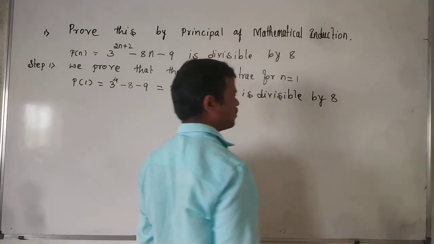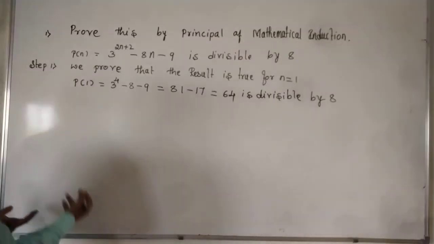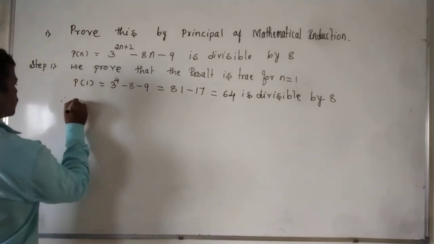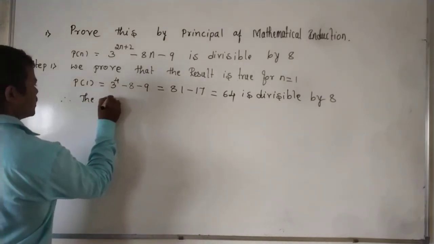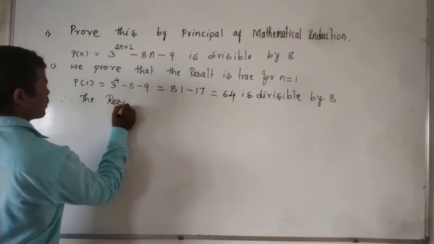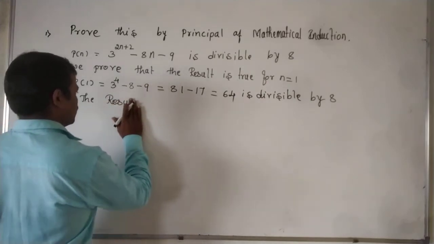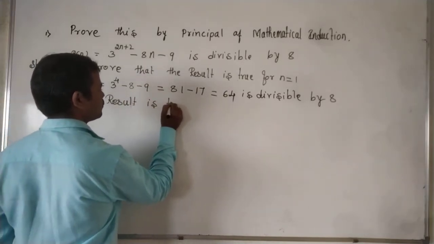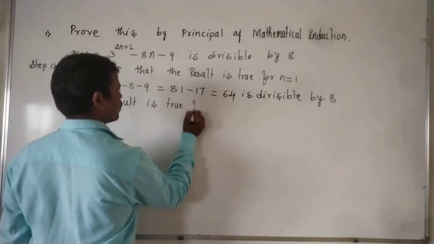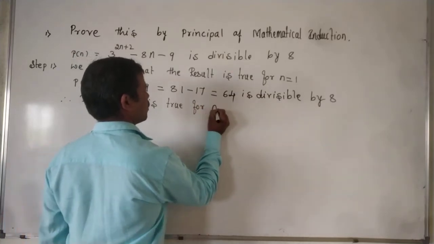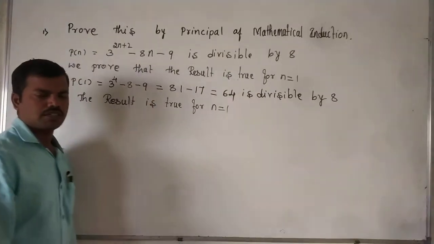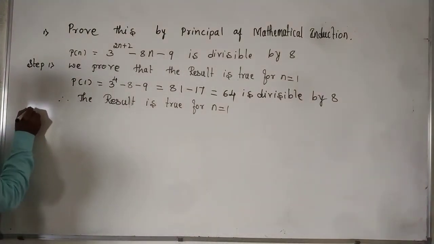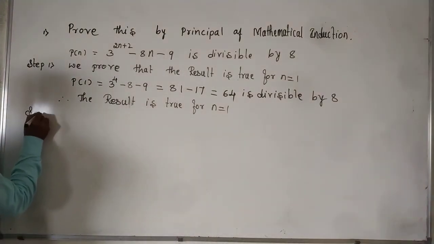If it is divisible by 8, we can say that the result is true for n equal to 1. Therefore, the result is true for n equal to 1. Next, step 2.